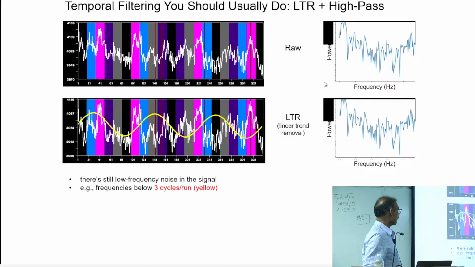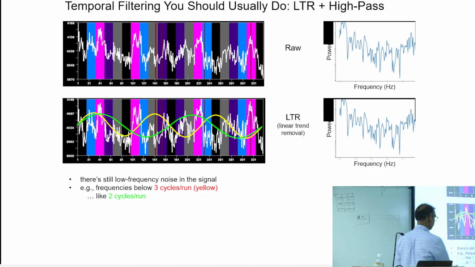Further, you can see by removing this that there are different cycles present. The yellow is 3 cycles, and the green is 2 cycles, or there is this brown, which is 1 cycle.